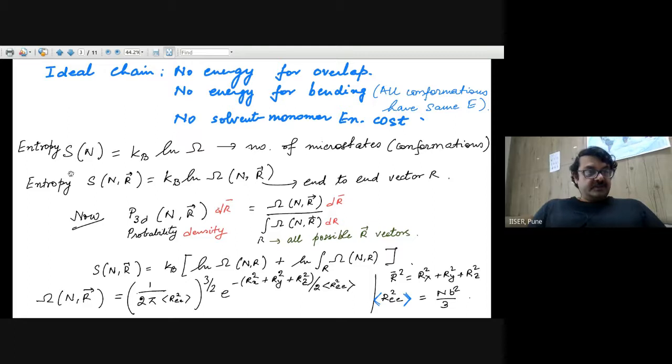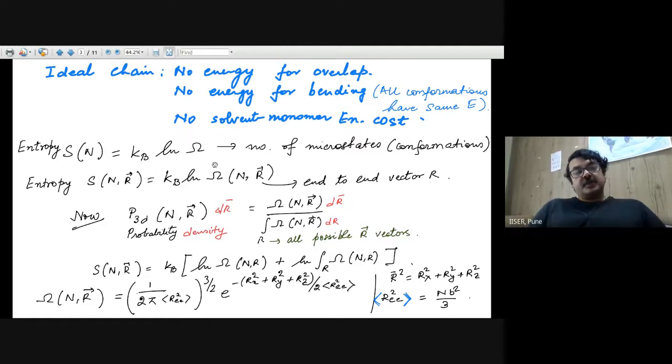And we can also calculate the entropy with n monomers, but with the number of microstates which are allowed when you have a fixed end-to-end vector R. So the entropy S of n and R will be kB log of the number of microstates allowed for this particular value of the end-to-end vector.